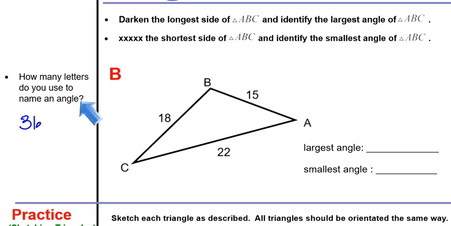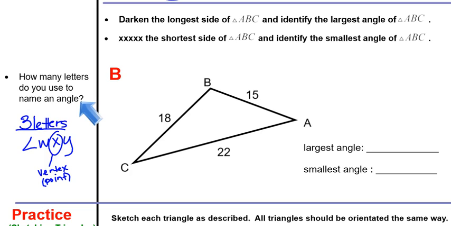And 3 letters is the safest way. So if you named an angle WXY, remember this right here is the vertex or the point of your triangle. That always goes in the middle.